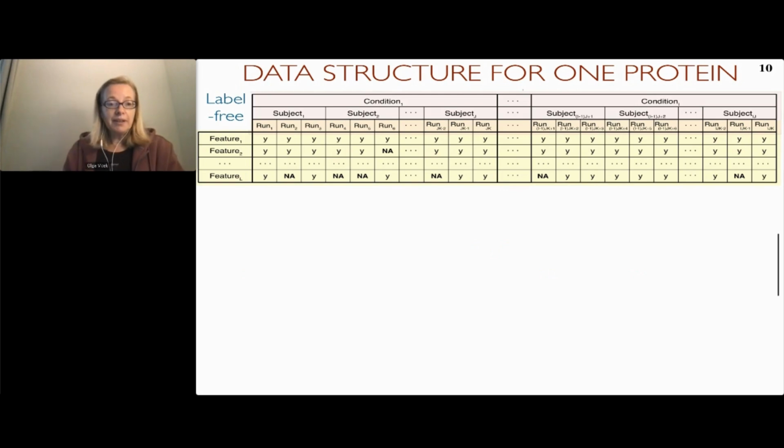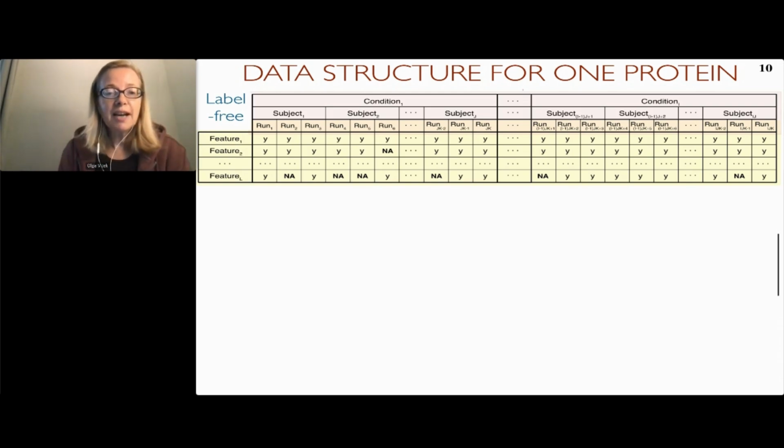So now the important thing for us is, how do we actually work with this data structure on the statistical modeling side? For this, I think it's helpful to contrast what happens in TMT versus what happens in label-free experiments.